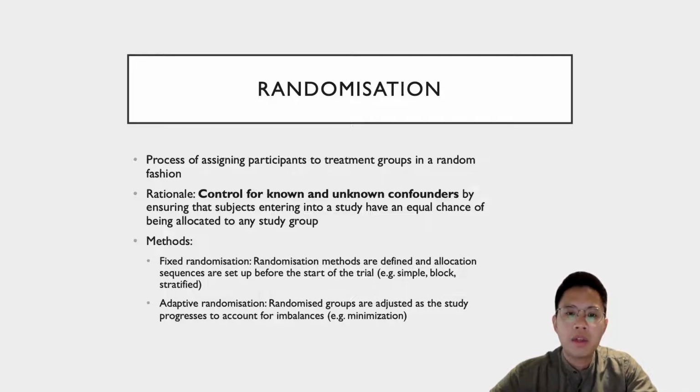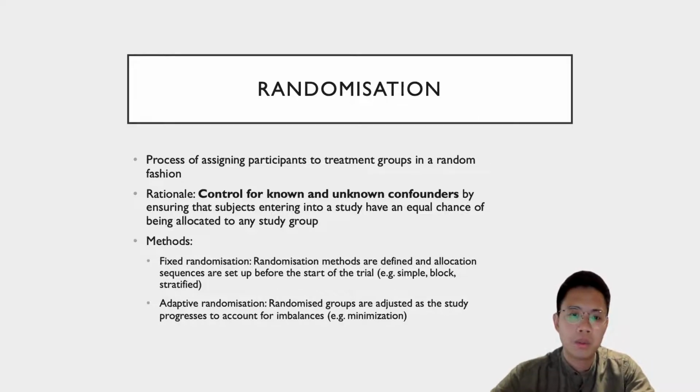As we go through the different types of randomization, we will come to realize that given the different methods applied, the chances may not always be equal, but with the different methods of randomization, the idea is that there is a degree of randomness attributed into this process so that any systematic differences across the study populations will be minimized.